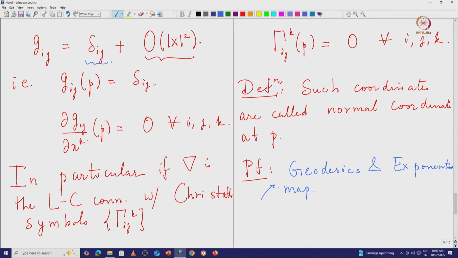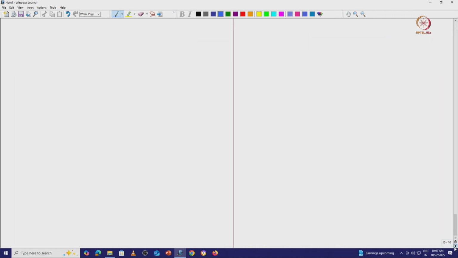However, maybe I'll close this lecture by making the following remarks. Firstly, this holds only at P, only at the center of the coordinate system. Okay.